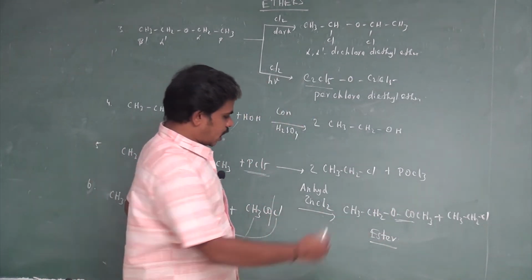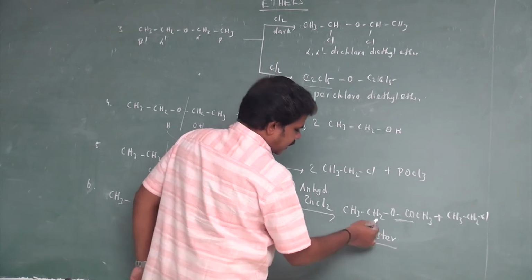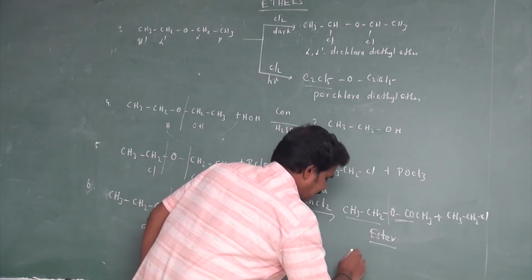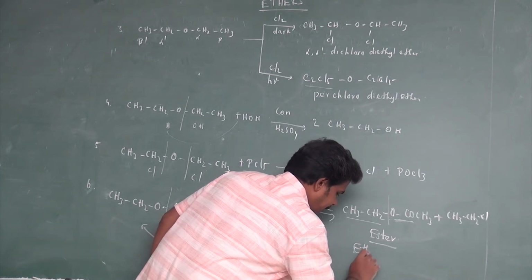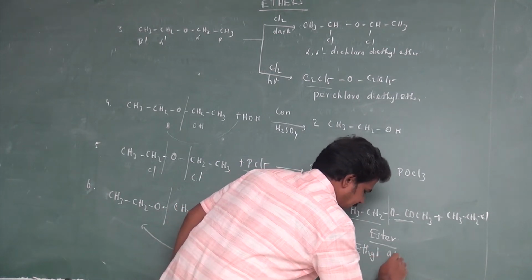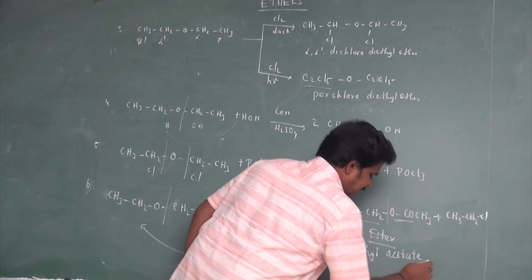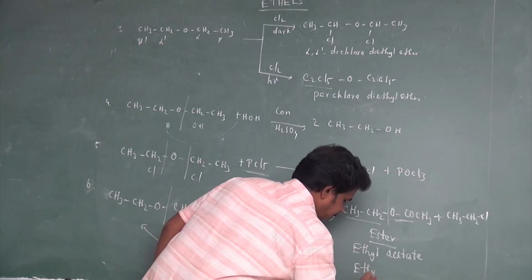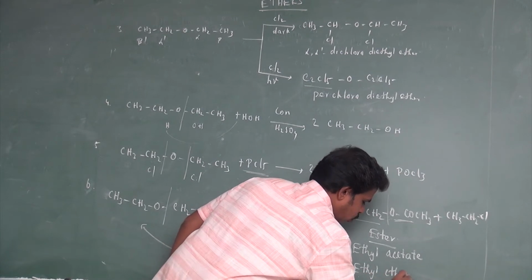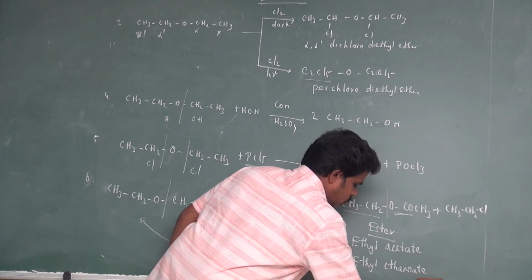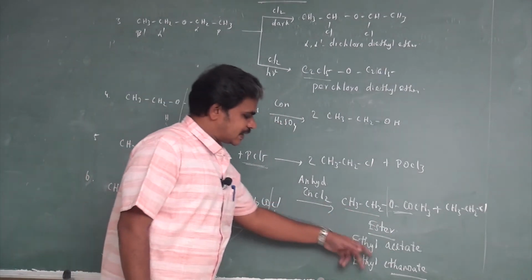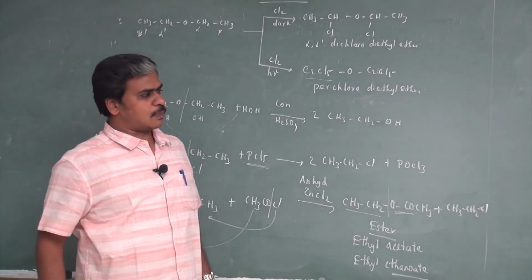Now here, what is the ester? It is ethyl acetate. Ethyl acetate is also called ethyl ethanoate. So ethyl ethanoate is the IUPAC name and ethyl acetate is the common name. So ethyl acetate, or ethyl ethanoate, is the product.